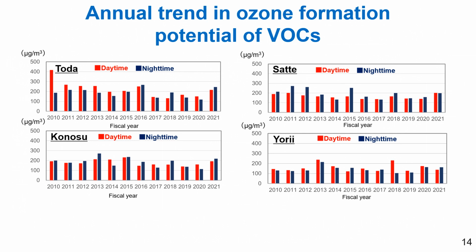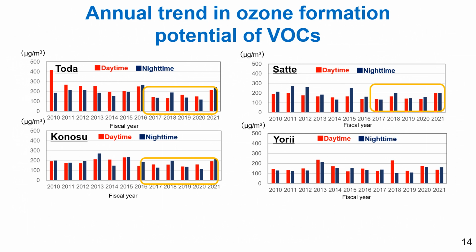In Toda, cases where daytime ozone formation potential exceeded 200 micrograms per cubic meter were frequent until around 2016. But in recent years, the levels have been roughly the same as in Konosu and Sate.